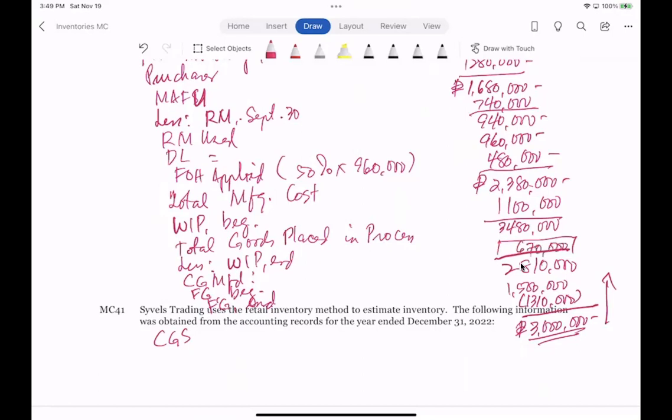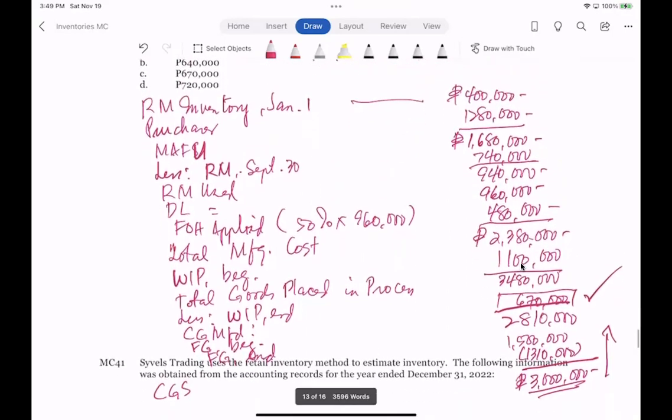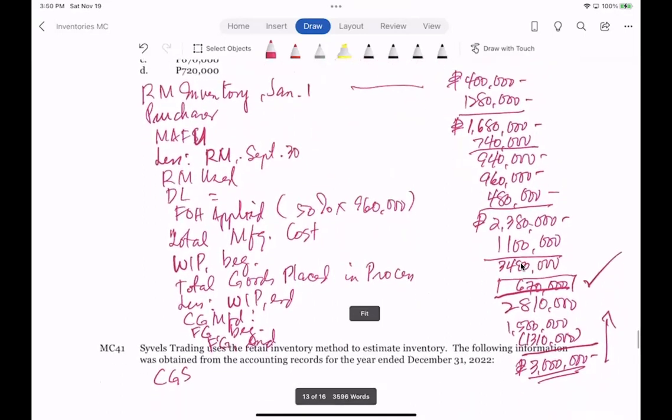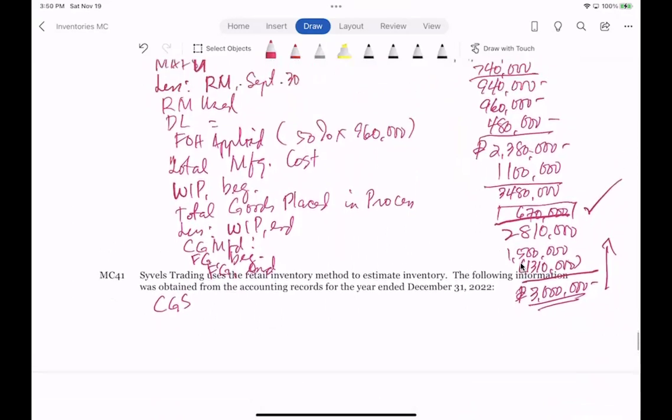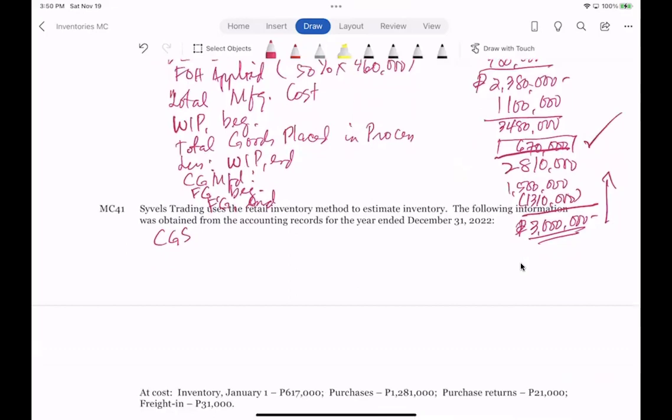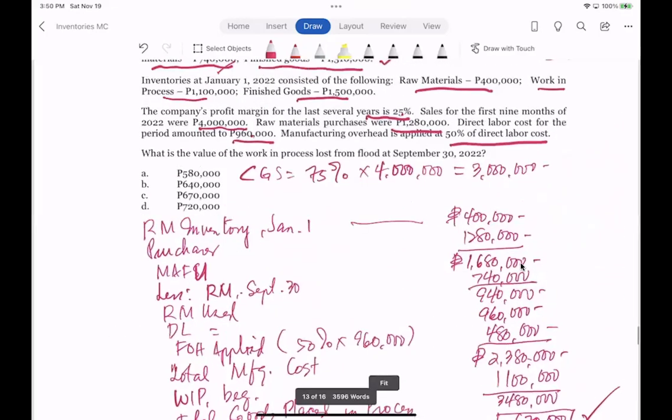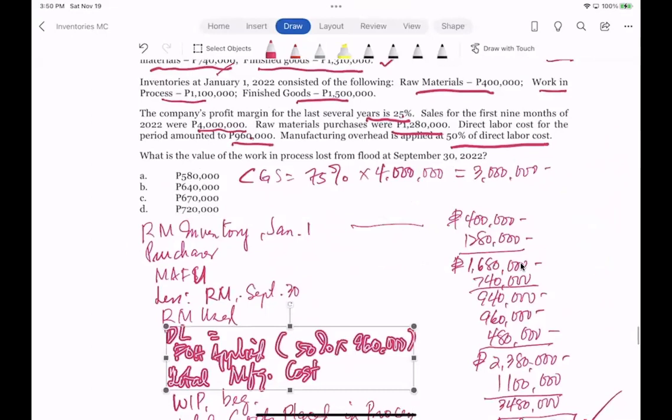So the inventory destroyed by fire is 670,000. Again, you just compute your cost of goods sold in the usual manner, place all the information provided, then work back to compute for work in process end. And that is 670. Now, if there is any undamaged work in process, you just deduct it from 670 to arrive at fire loss. Therefore, 670 is letter C.